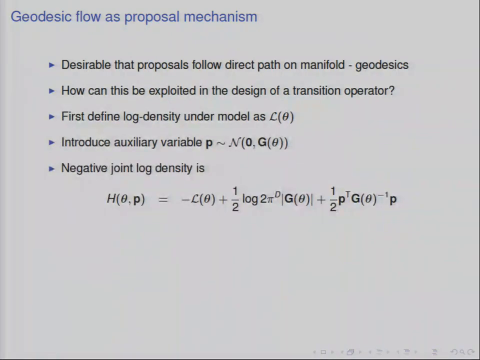Now, here's what our Hamiltonian looks like. Can you be sure that your geodesics are unique? No, absolutely not. That was far too clever a question. It's much simpler than that.